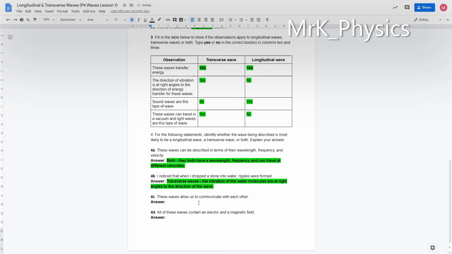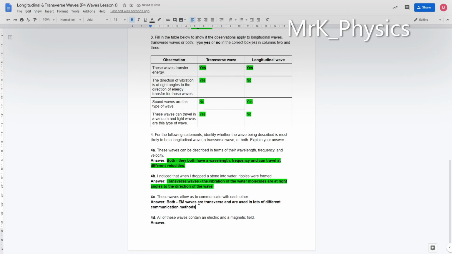These waves allow us to communicate with each other. We could put both here, because EM waves are transverse and are used in lots of communication methods.